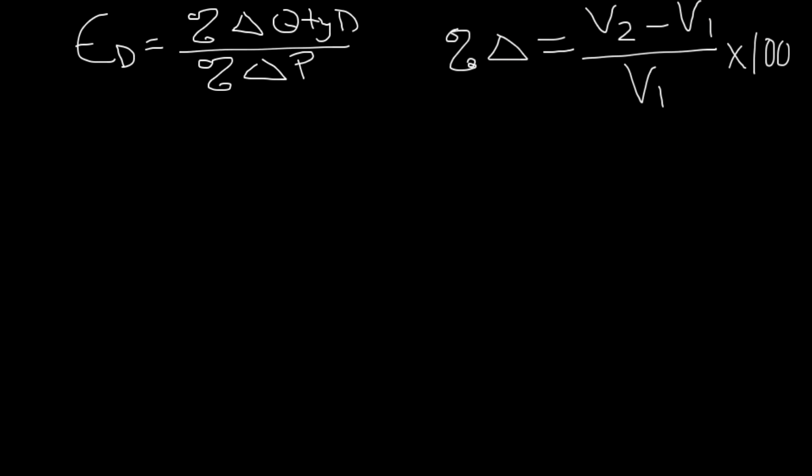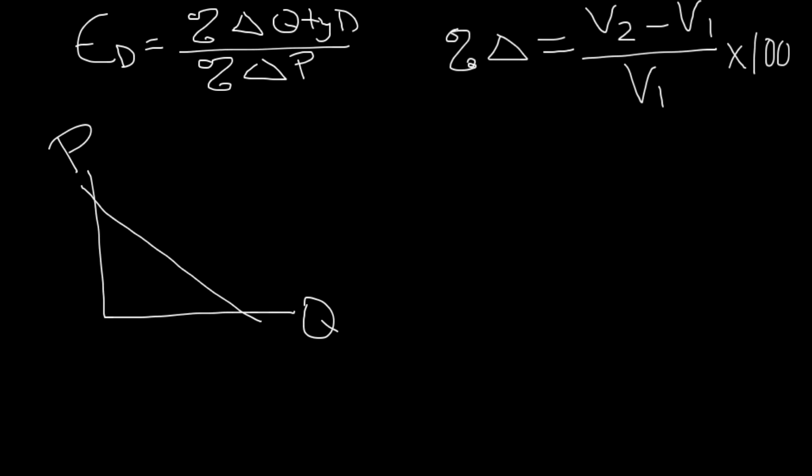So I'm showing you that just so you understand that this is in general how you get the percentage change. One of the questions we're going to have here is if we were looking at a particular demand curve and we have one price, I'll call that one P2, which will go with Q2, that's one point on the demand curve, and we're wondering what the elasticity is in this range here, and so I'll call that one P1 and that one Q1.